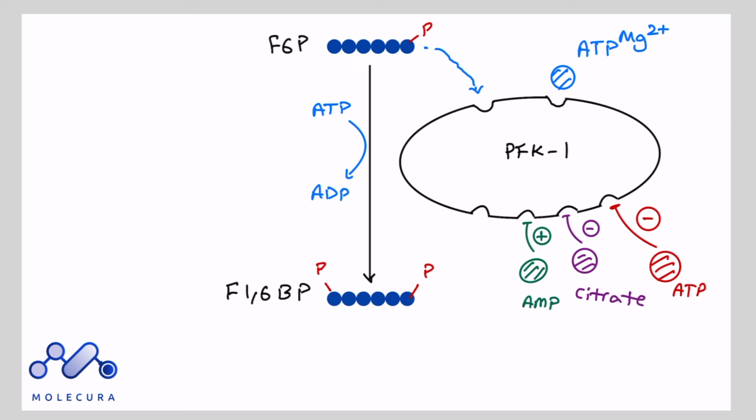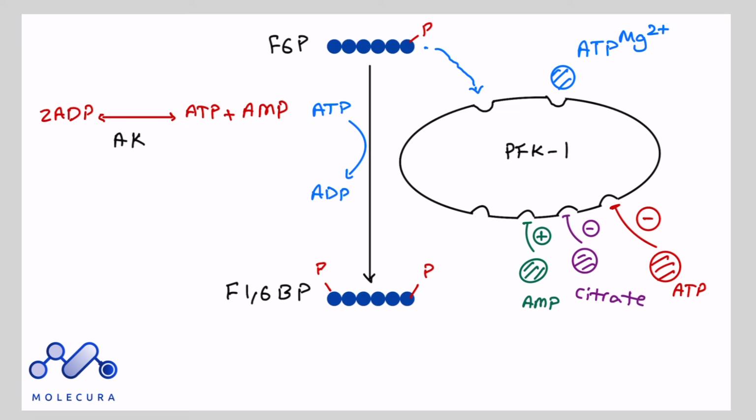Furthermore, we have a reaction in the cell that is going to synthesize ATP from ADP. And this reaction goes like this. We are going to have 2 ADP getting converted into ATP plus AMP. And this happens through the action of an enzyme that's called adenylate kinase.